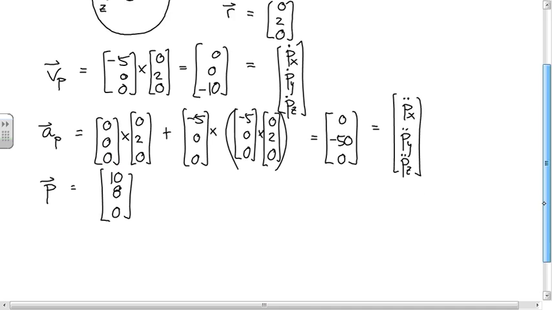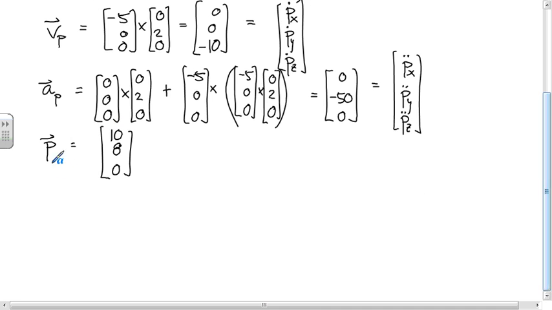Okay. And now we're going to apply the correction. Our acceleration vector is the observed acceleration, which we calculated in the first step, plus our term related to the angular acceleration of our coordinate system.